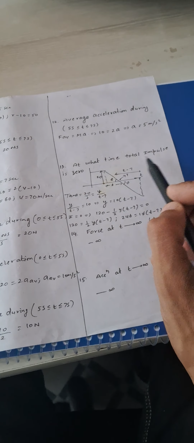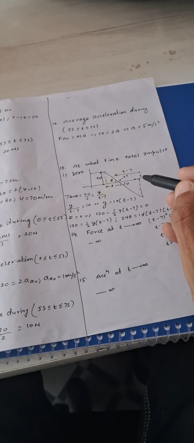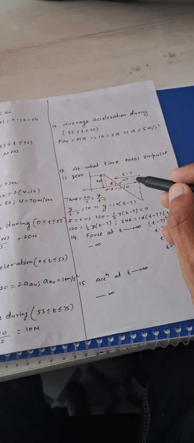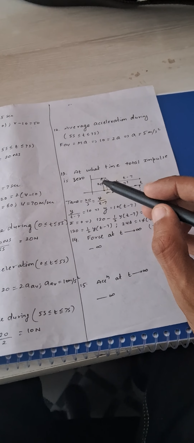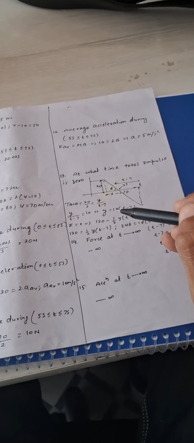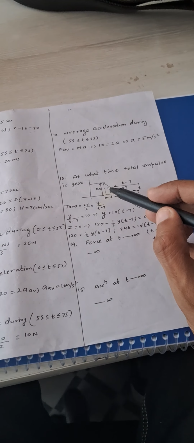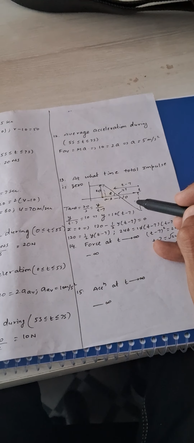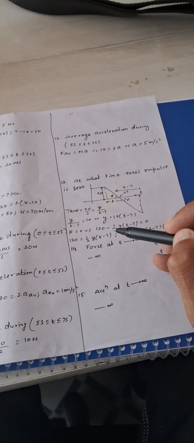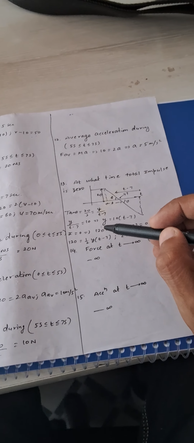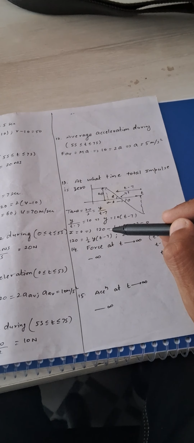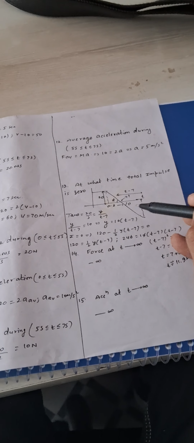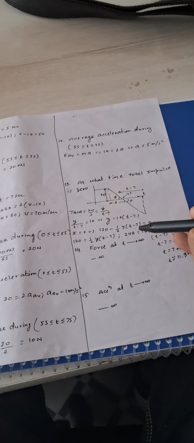Next is at what time total impulse is 0. So we consider that at time t impulse is 0. So this thing is going to be t minus 7. So impulse is change in momentum, impulse is 0, so upward impulse will be positive, downward will be negative. And if it is 0, then we can say that upward impulse is 120, lower is minus, so we have used minus sign over here, and it will make a triangle, the area being half into base into altitude.